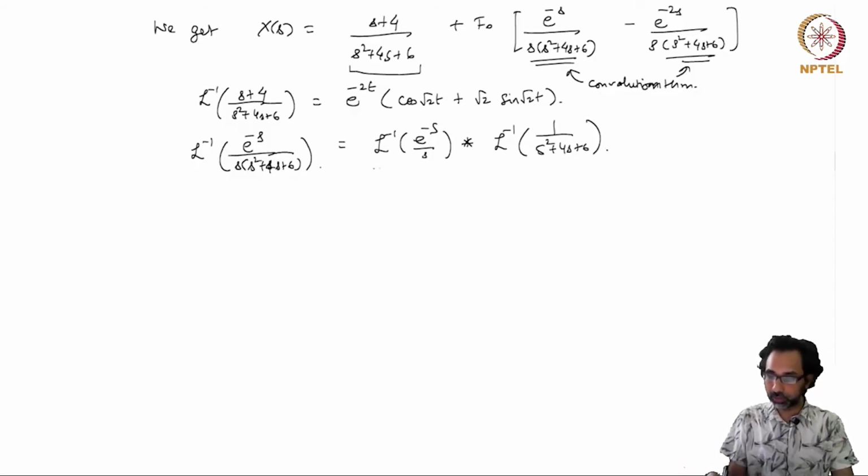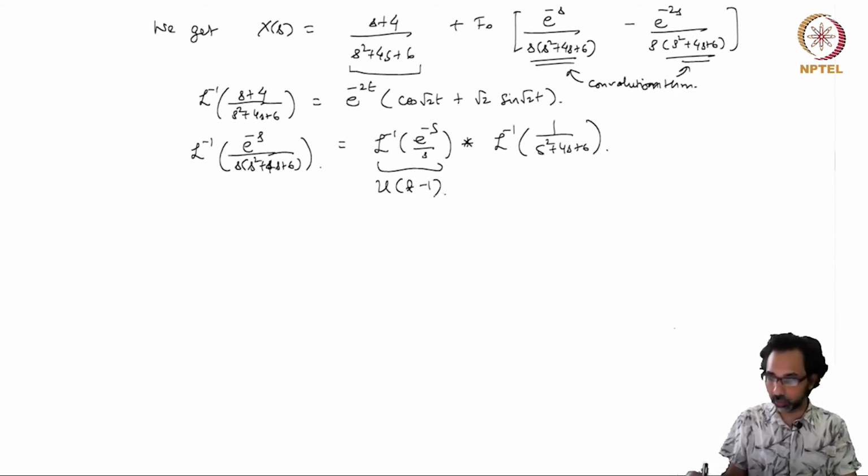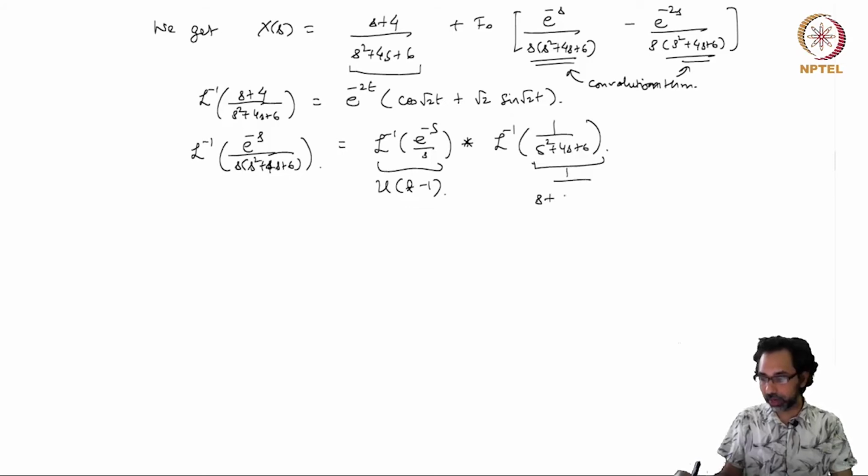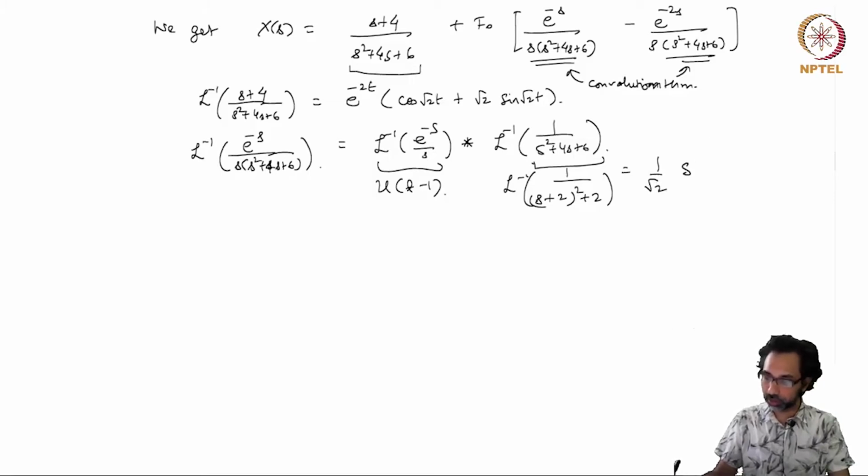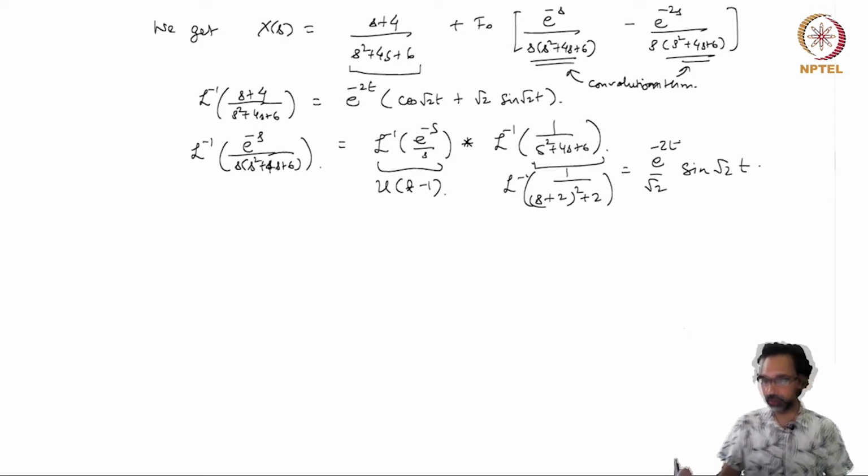And so for the first, this is just the unit Heaviside step function at 1, and the second one is 1 over ((s plus 2)² plus 2), and so the inverse Laplace transform is 1 over root 2 sine of root 2 t. So there should be an e to the power minus 2t also.